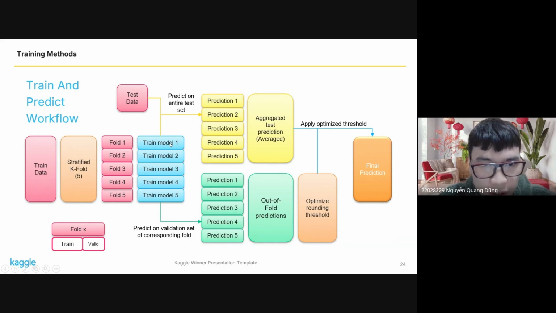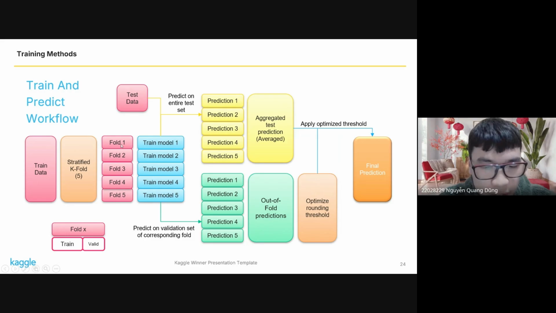After training the model and making predictions on the validation portion of each of the 5 folds, we have predictions for the entire training data, which is the out-of-fold prediction. We use these out-of-fold predictions to find the optimal rounding thresholds for rounding predictions. These thresholds will be used later.